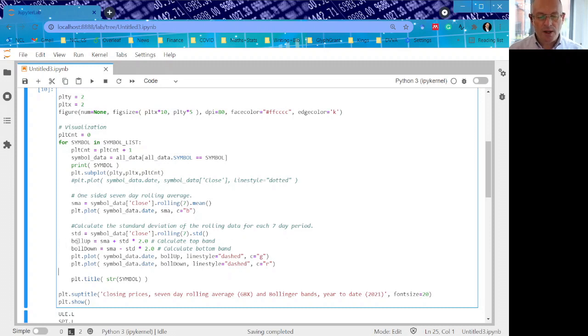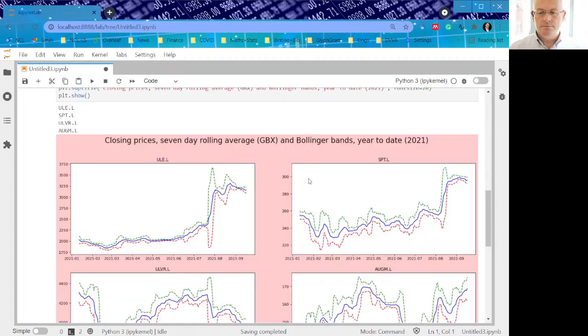Once we've got that, we can then calculate the upper Bollinger limit as the smooth moving average plus 2 times the standard deviation value, and the lower Bollinger Band as the smooth moving average minus 2 times the standard deviation. And then plot those, the upper one in green and the lower one in red, as dashed lines with this line style dashed. So let's run that and check that that works.